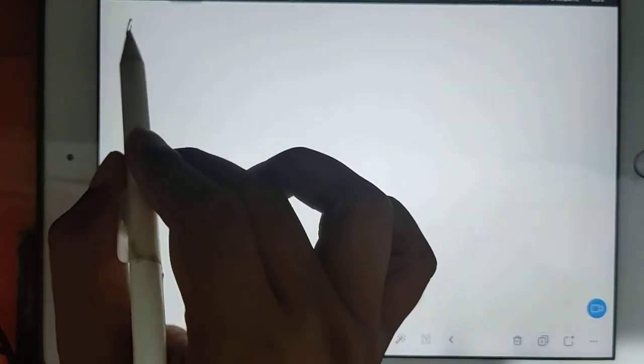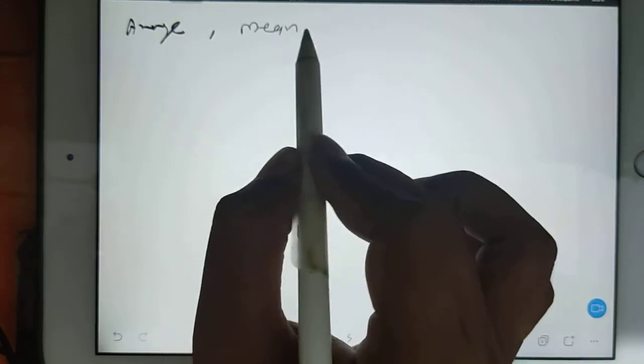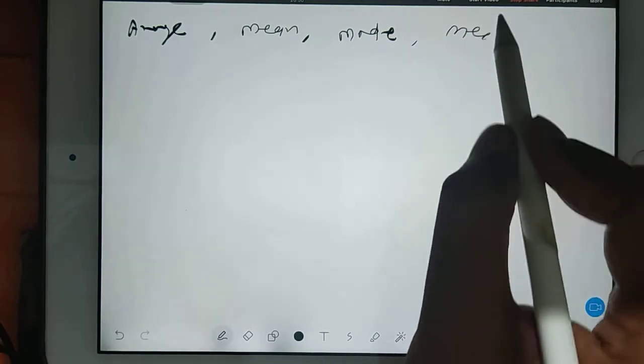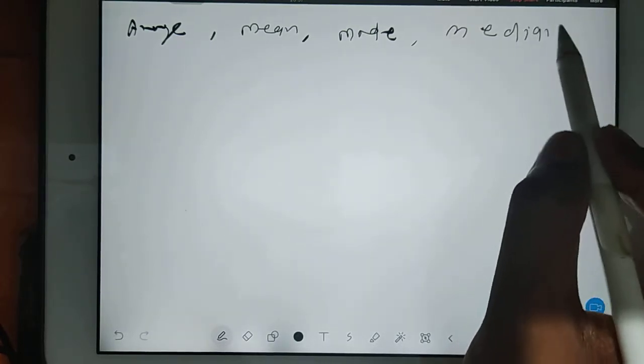So our next heading is average, mean, mode, median. Median spelling, you should not be confused: M-E-D-I-A-N. It is not M, it is N, median.